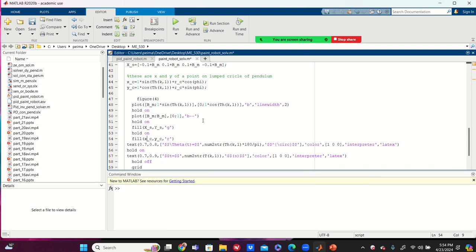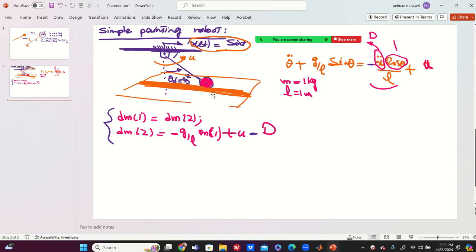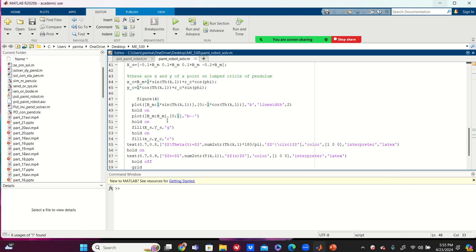Okay. X of C is BM plus L sine theta plus this. Here we go. Oh, only X, I think. That's right. Yeah, L sine theta. Now let me run the. Oh, and here is minus L because it's under that. You can see here, guys. L sine theta minus this, minus L cosine theta. Now I see that.